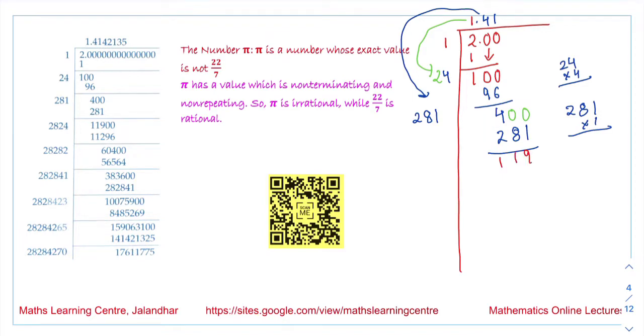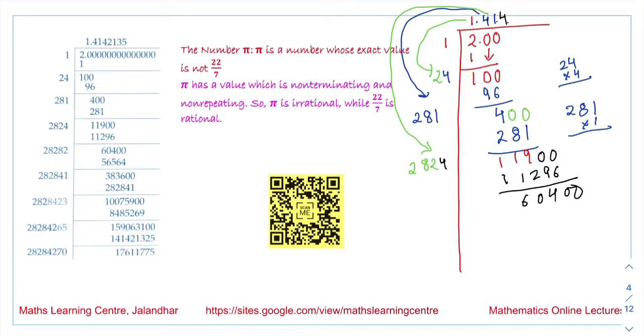Now the double of this number we carry forward, so it is 282. The next digit will be 4, and 4 times that gives 11296, and the remainder is 60400. Likewise, if we continue, we get 1.414.